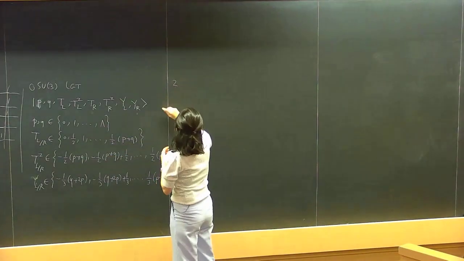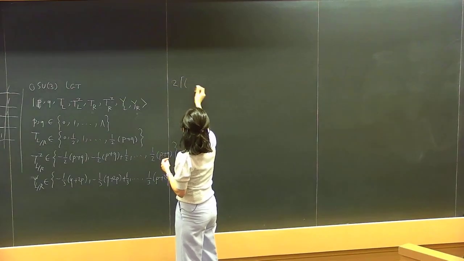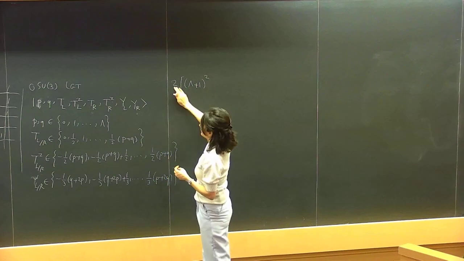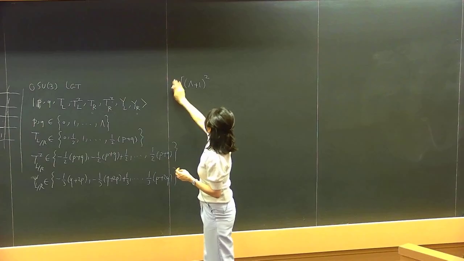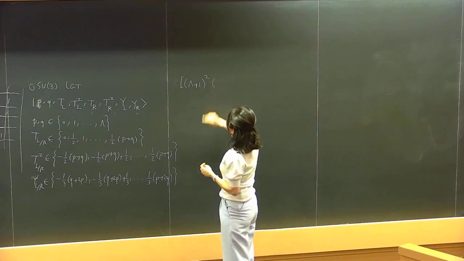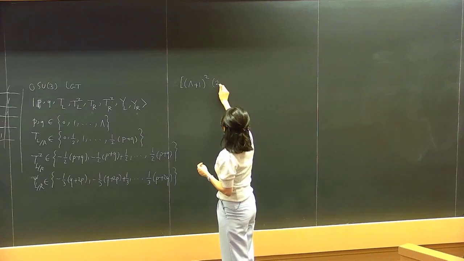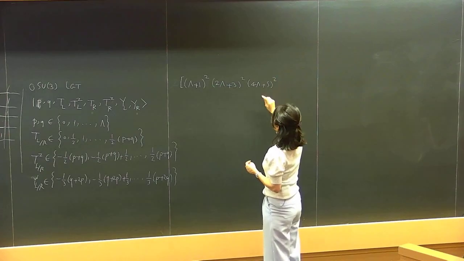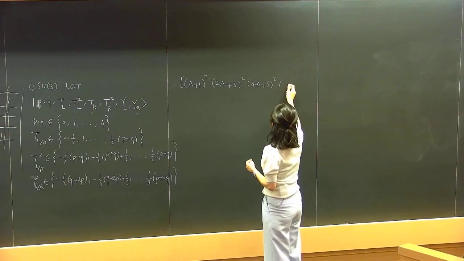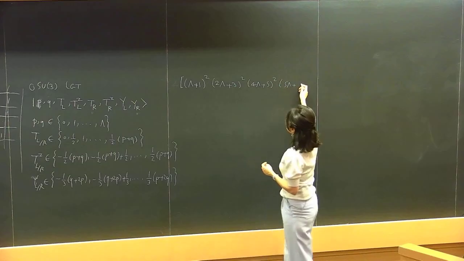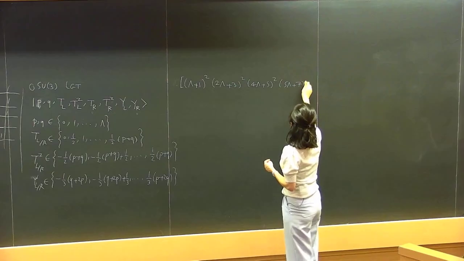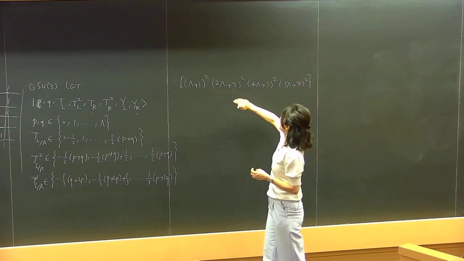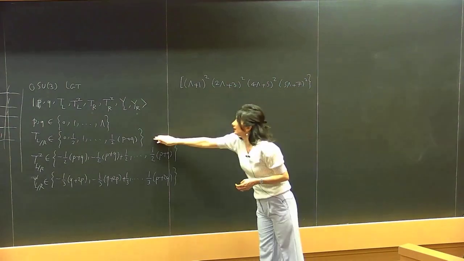You're going to have, let's see, (lambda plus 1) squared, and then you're going to have (2 lambda plus 3) squared, (4 lambda plus 5) squared, and then (5 lambda plus ...). So this is for P and Q. This turned out to be for T left and right.